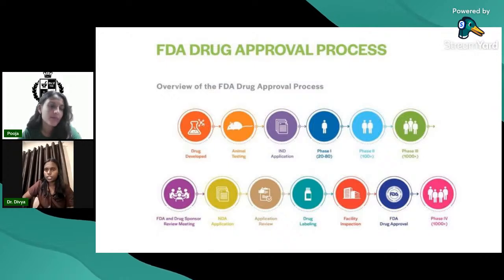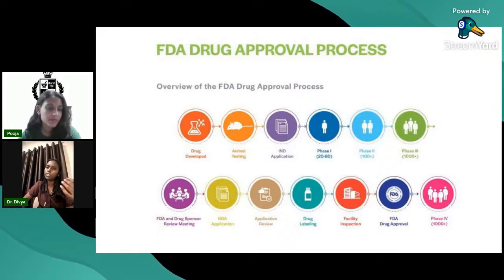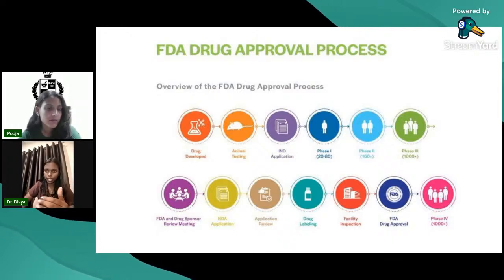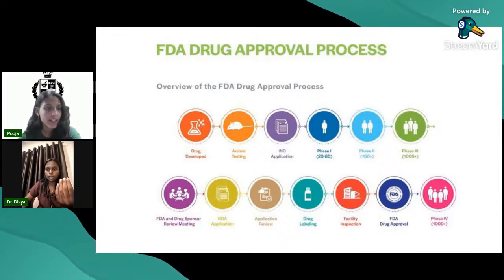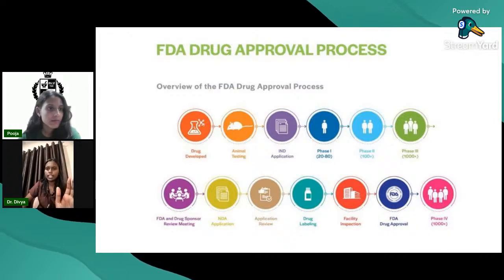Firstly, what we filed was the investigational new drug application. That means you are taking permission to initiate a trial. But the NDA is an application where you are saying I have finished the trial and now I want to market that product. So you will file an NDA application. For that NDA application, it only takes 90 days for the approval.